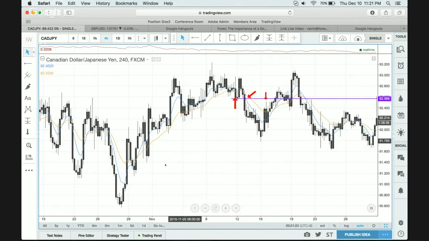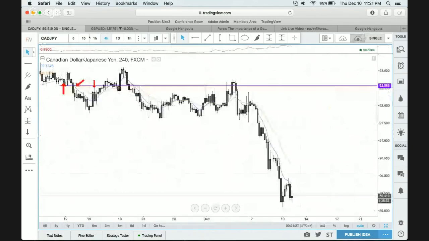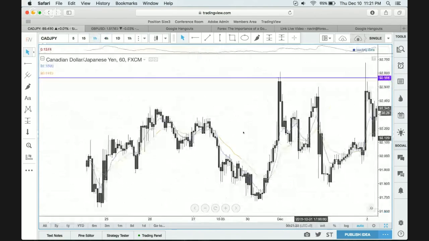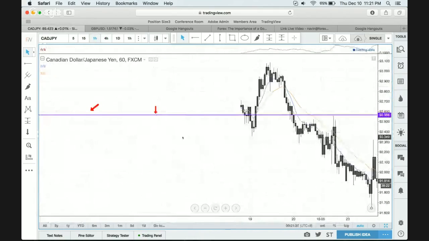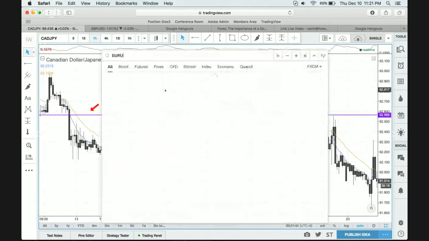Okay, important price levels. Going back to our 60-minute time frame. I'm just assuming the 60 minutes is the regular time frame that most of you are trading. We trade that in-house at 60 minutes all the time. Moving forward, let me go to, let's say, Euro USD.